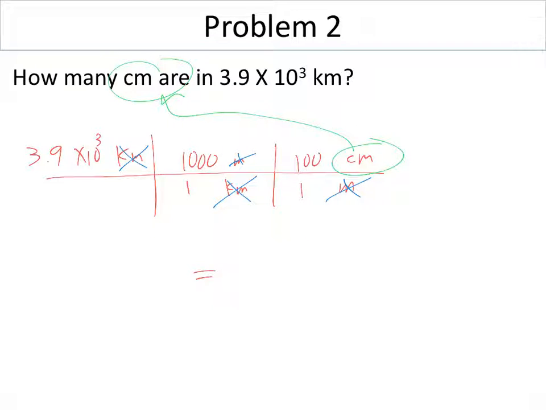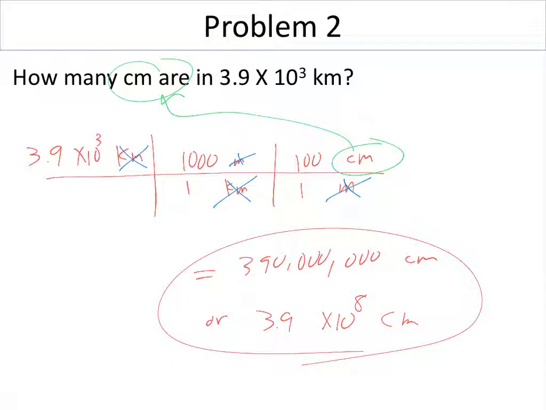So I multiply the top, divide by the bottom. So 3.9 times 10 to the third times 1,000 times 100, I get 390 million centimeters, or 3.9 times 10 to the 8th centimeters. There's my answer, 2 significant figures.